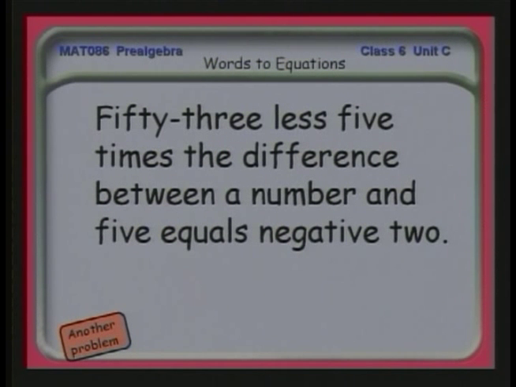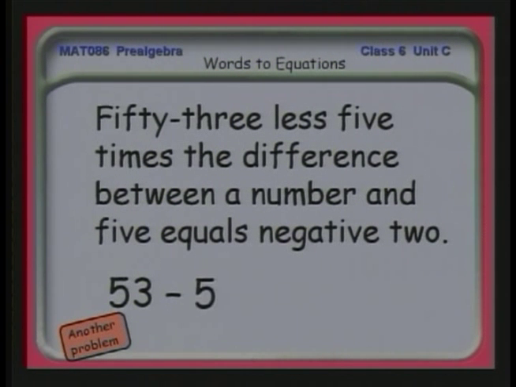53 less 5 times the difference between a number and 5 equals negative 2. This looks a little more awe-inspiring. Let's see if we can pick it apart. 53 less 5 times the difference between a number and 5.